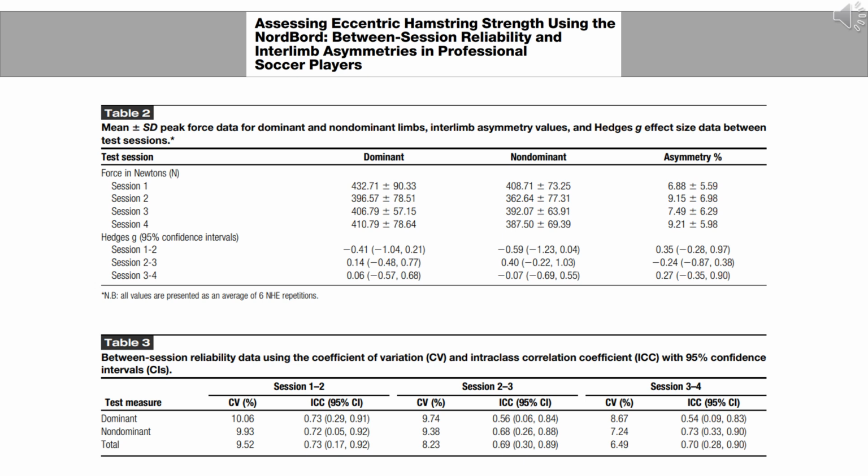Now, these were 14 professional players, so practitioners should just be mindful that in a muscle group like the hamstrings, that tends to be a lot weaker than the quadricep, a muscle group that tends to have quite a lot of injuries within the sport, and also in an exercise that's quite frankly really quite difficult, the eccentric Nordic hamstring exercise, there is going to be a little bit of variability in the data, but generally speaking, the results showed us that assessment of peak force on the Nord board is acceptable.